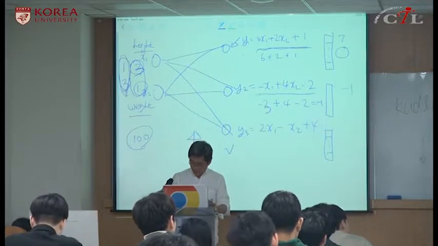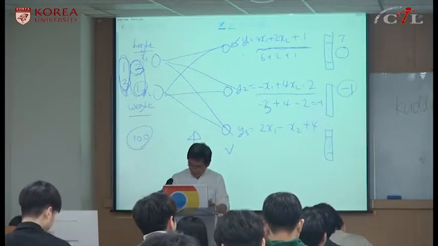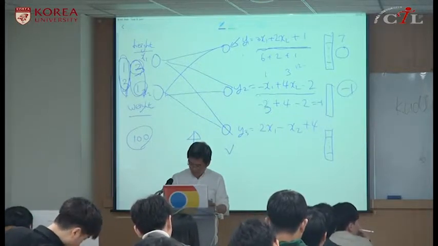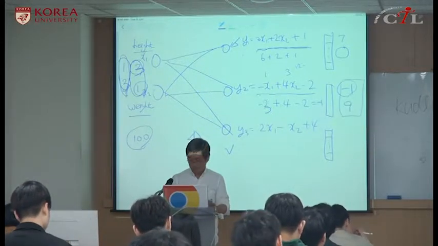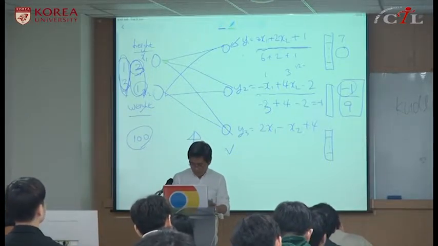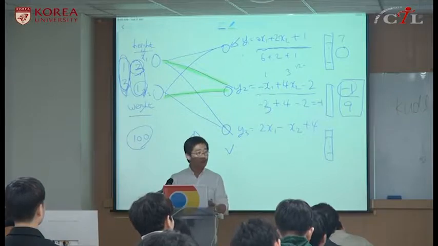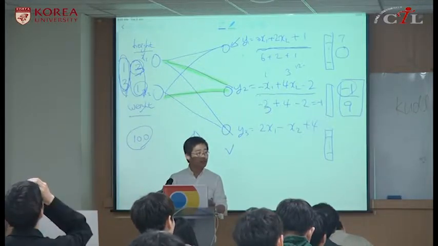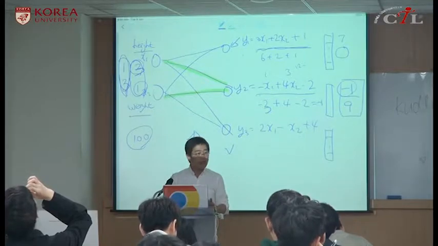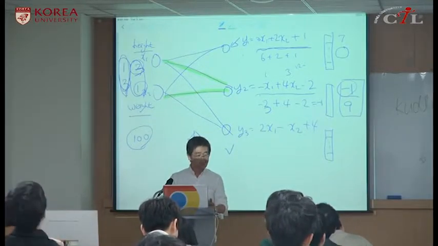So for negative 1, and if we plug 1 and 3, then 12, and it will be 9, right? So let's think of this weight associated with this second node. Okay, and then let's consider when those 2 weights are updated.